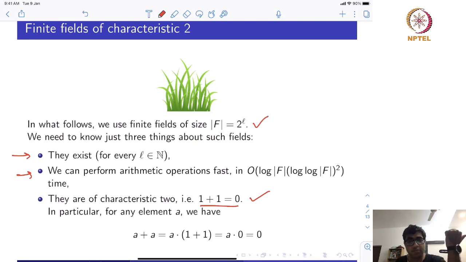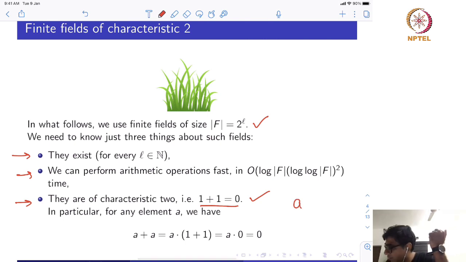We can perform arithmetic operations very fast in this field, in particular logarithmic in the size of the field. They are of characteristic 2, that is 1 plus 1 is equal to 0, and in particular for any element A, A plus A is 0, or in other words, minus A is its additive inverse, that is, A is equal to minus A. So its additive inverse is itself.